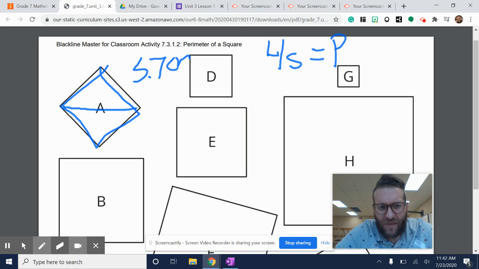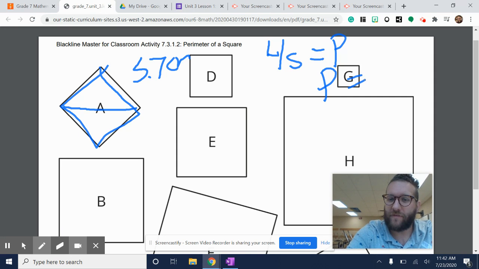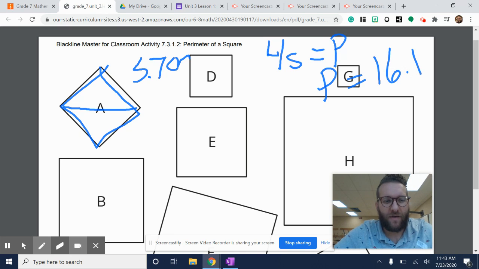So we take the measurement of the side to find the perimeter, and in this case our perimeter equals 16.1. So we have a diagonal of 5.7 centimeters and a perimeter of 16.1 centimeters.